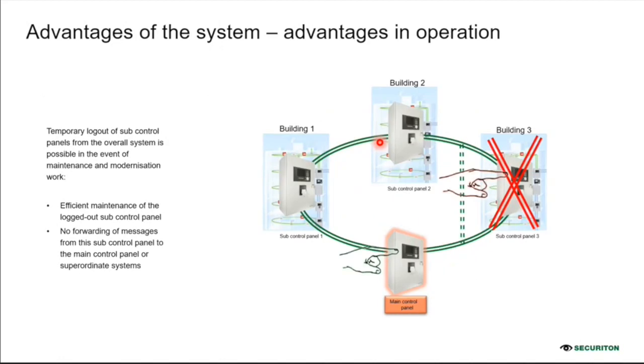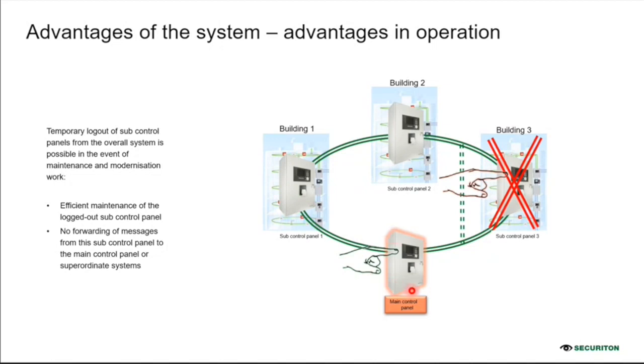So, advantages of this system. As I said, all the panels work independently. That means building 1 does not transmit information to building 2 or building 3, but only to the main control panel.